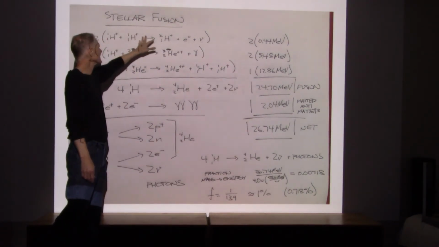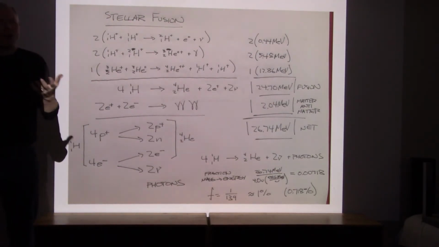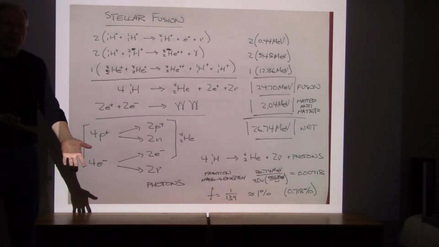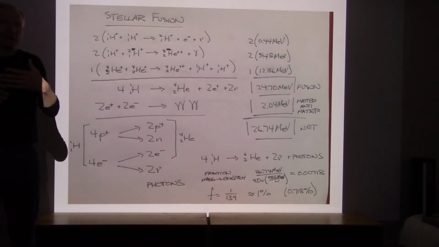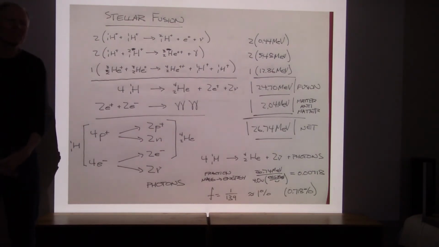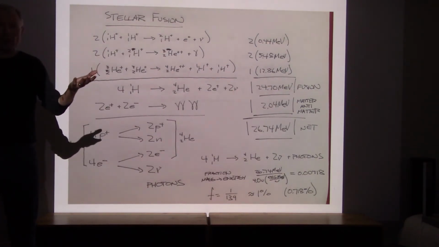Now I put plus signs on here just to remind us that at the core of a star, there are no electrons attached to nuclei. It's all plasma. The temperatures there are so high, electrons are not combining with nuclei and forming atoms. Everything's just existing as some number of nuclei zipping around.